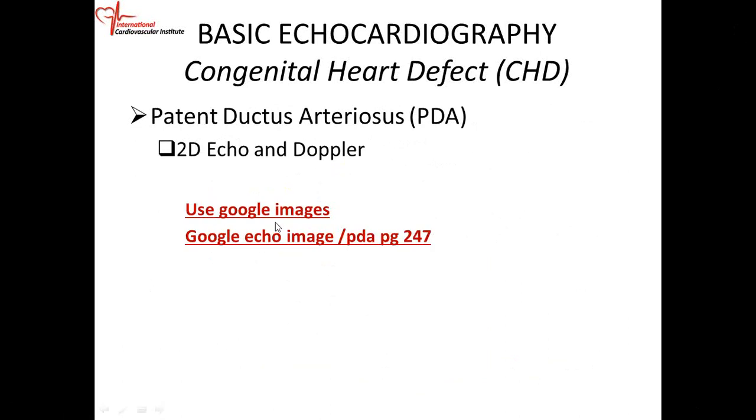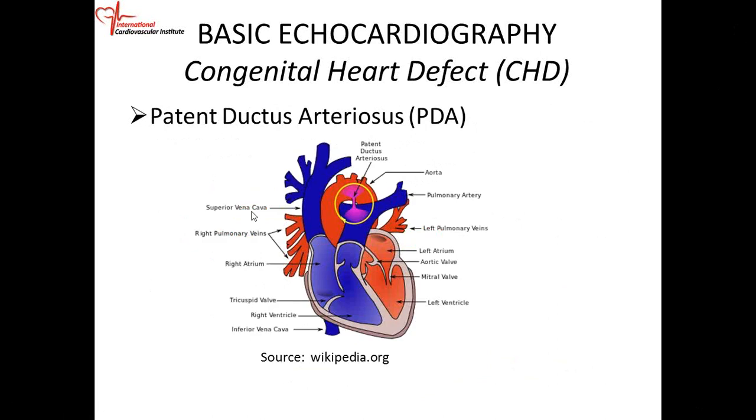Let's see what we got there. All right, so this is a cartoon which shows a cut section of the heart, and the aorta comes up here with the branches, but the ductus or the patent ductus is a communication between the aorta and the pulmonary trunk. It's right there.